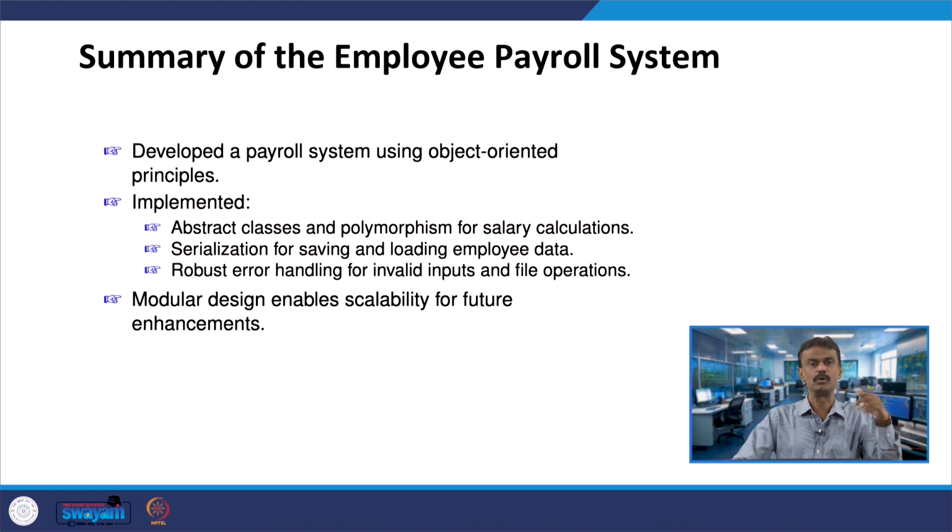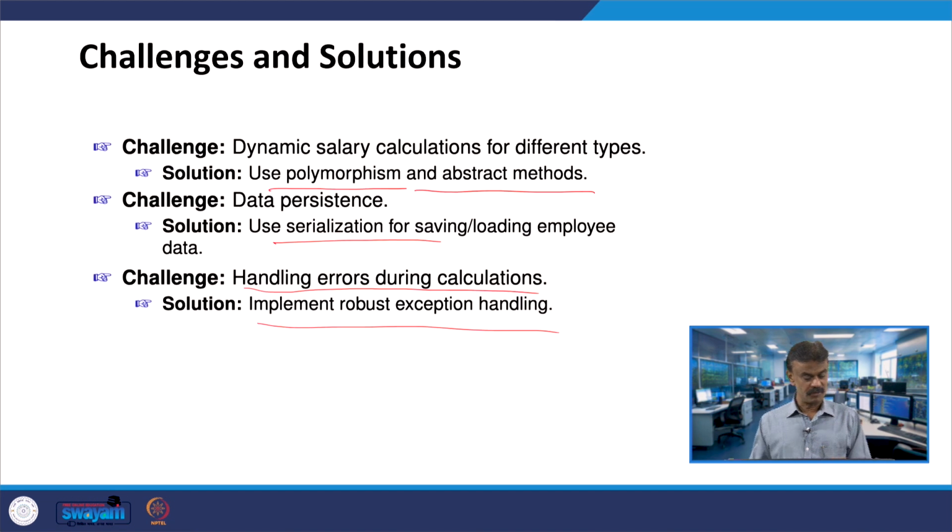My advice is that you try to extend this code. Put in more employee categories, and when you are overriding, work out how to calculate the salary for different people. Whatever problems or challenges we faced, you can further extend.